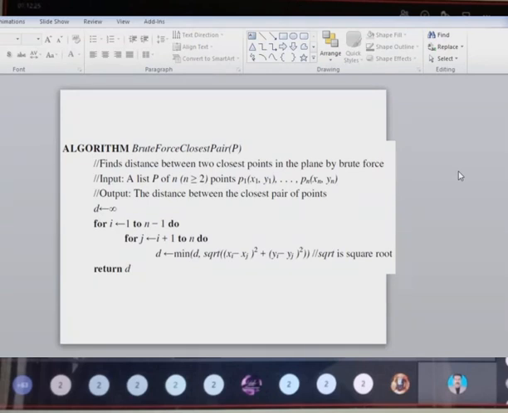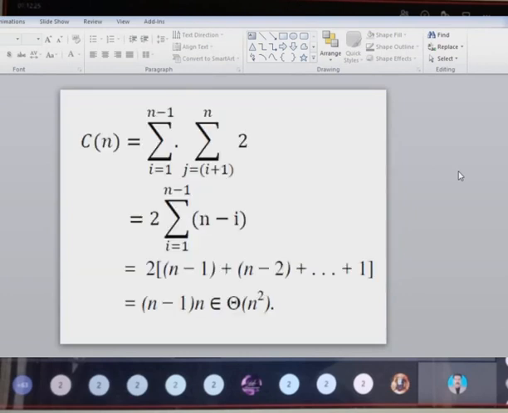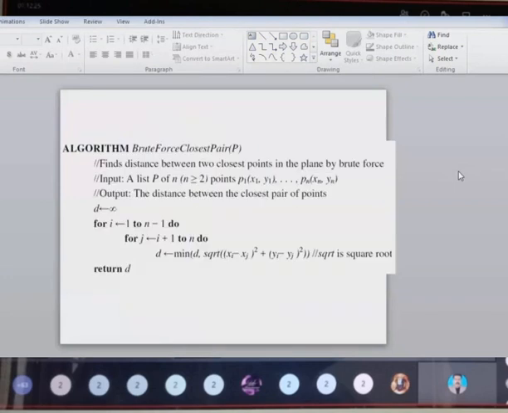Next is the time analysis. C of n is equal to summation. Now tell me the two summations. What is the first summation?